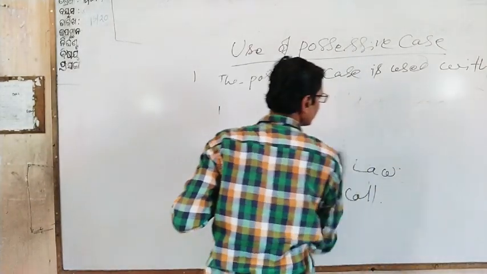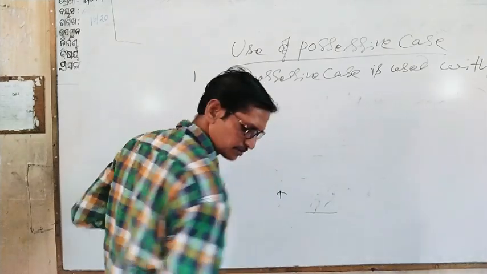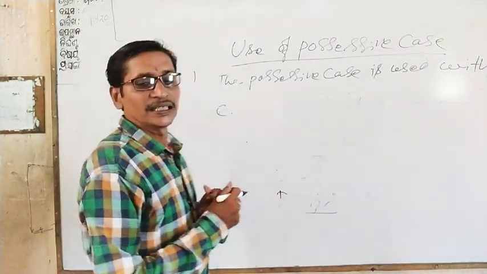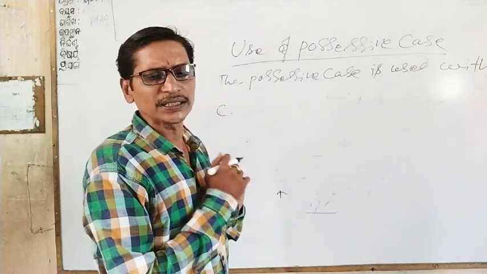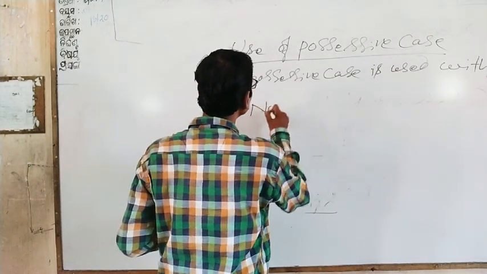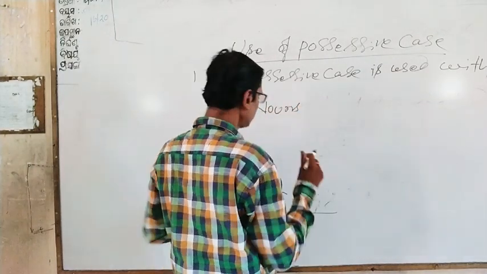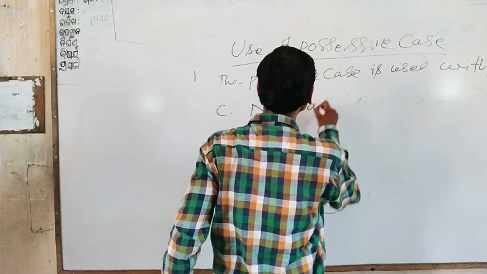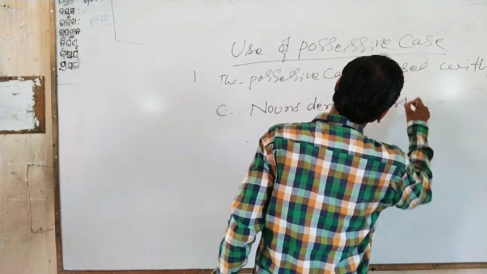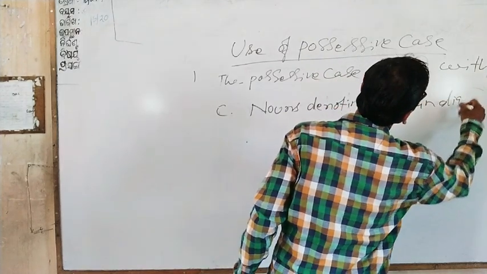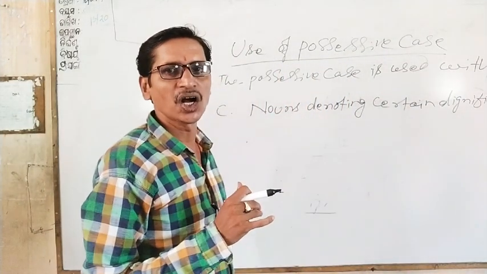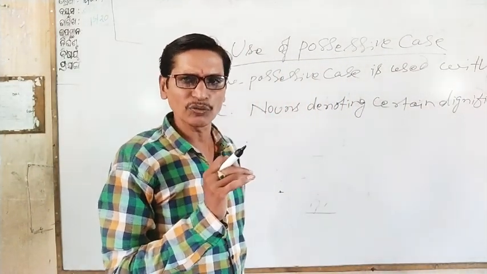Number three, that means C: nouns denoting certain dignified objects. You know what is dignified?